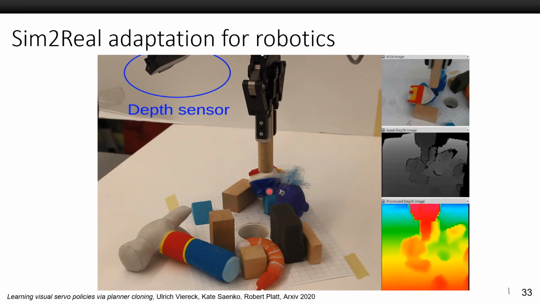And so it has to learn to avoid all these obstacles, and it has to be invariant to various amounts of clutter, different positions of objects, and so on. And again, there is a gap that we observe between the simulated depth images and the real ones, which affected performance quite a bit. And so we applied domain alignment to align the simulated and the real depth image data.